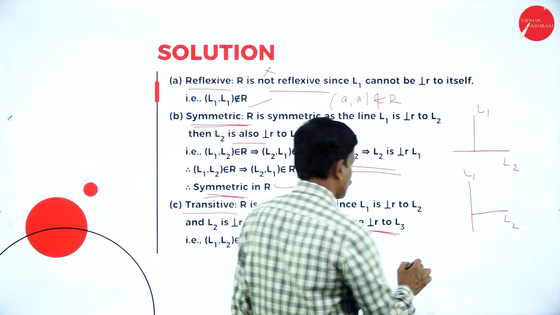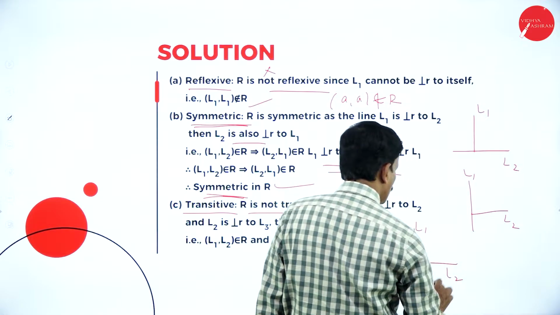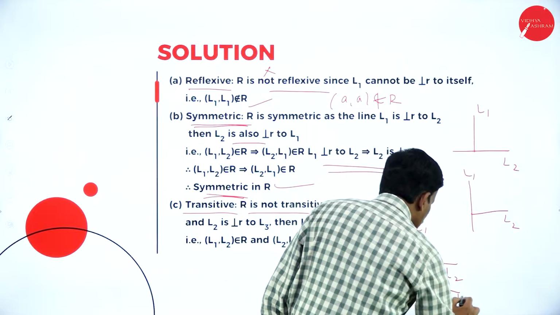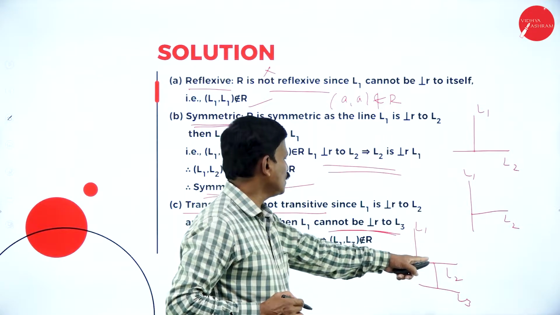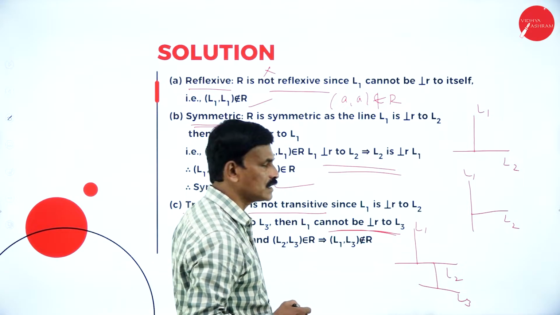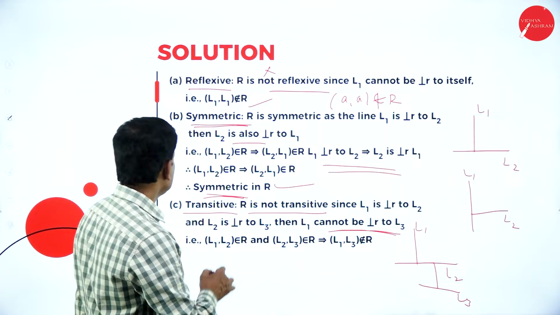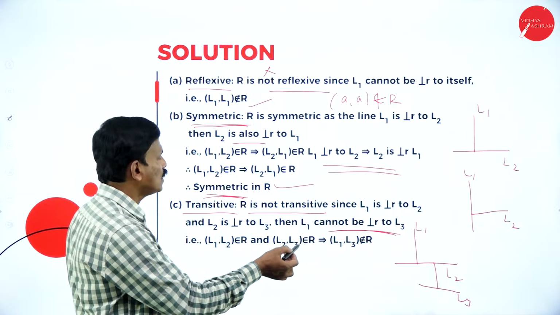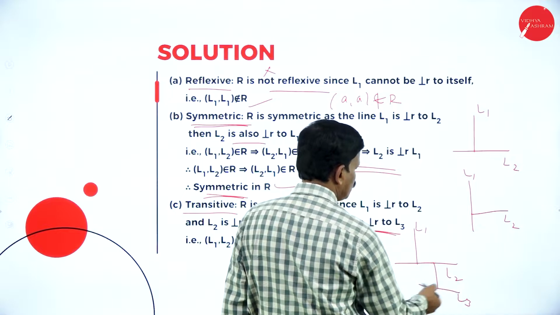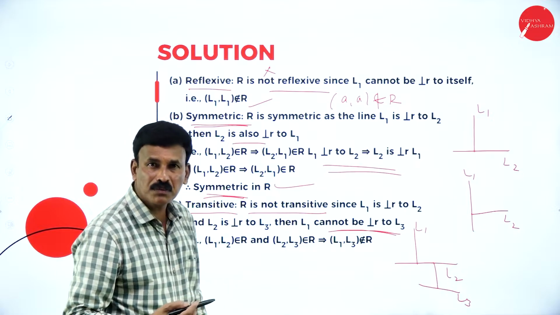If this is the line L1, perpendicular to L2, and this L2 is perpendicular to another line L3, then L1 cannot be perpendicular to the line L3. So L1 cannot be perpendicular to L3.